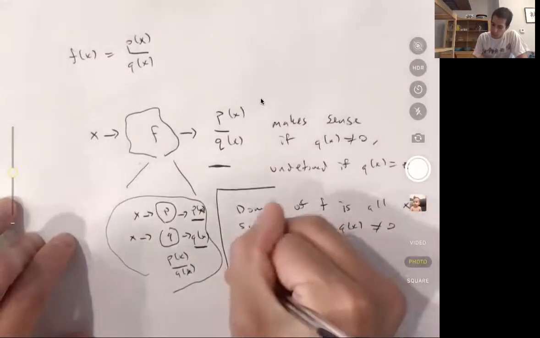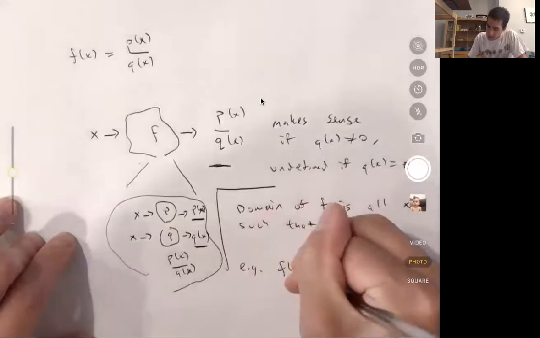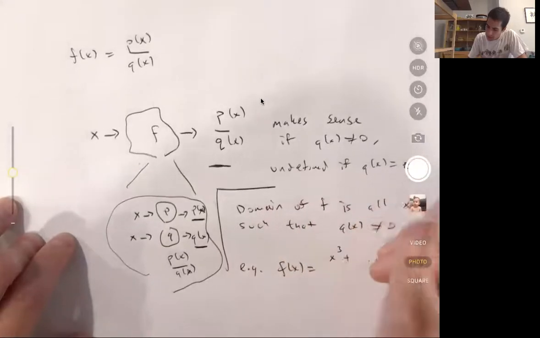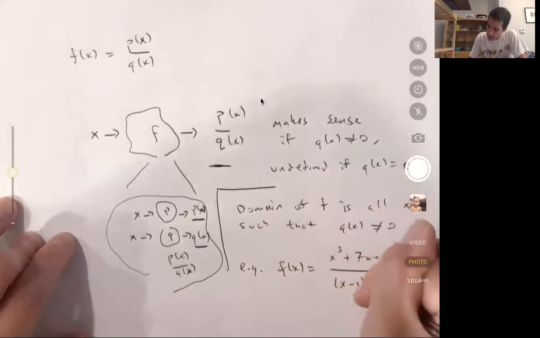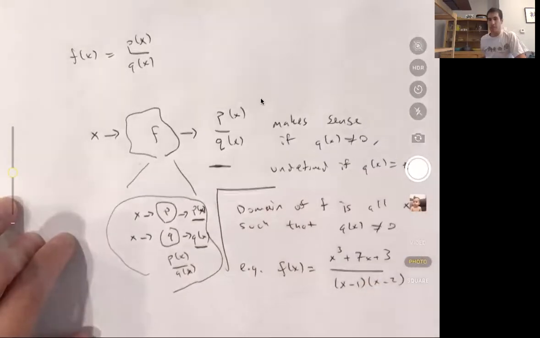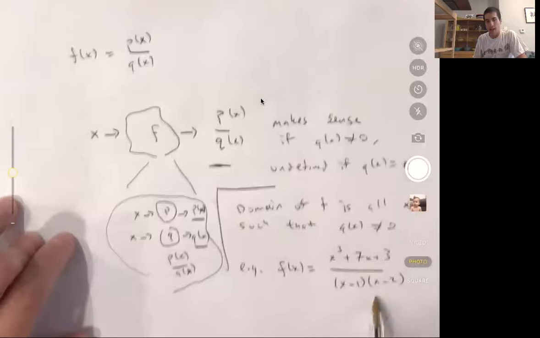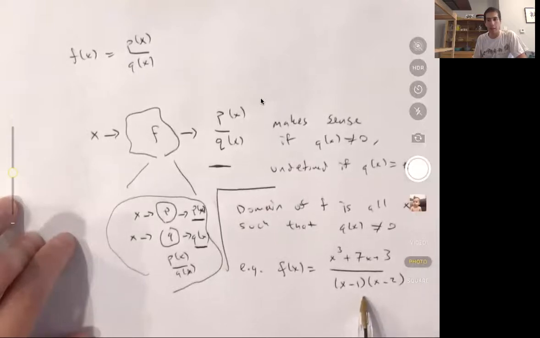So let's just do an example. If f of x was x cubed plus 7x plus 3 divided by x minus 1 times x minus 2, then if we plug in an x value, if the denominator is non-zero, then this will make sense and we'll get an output.